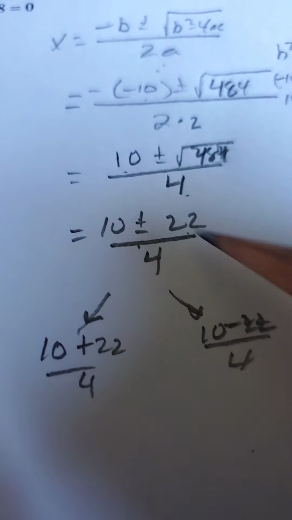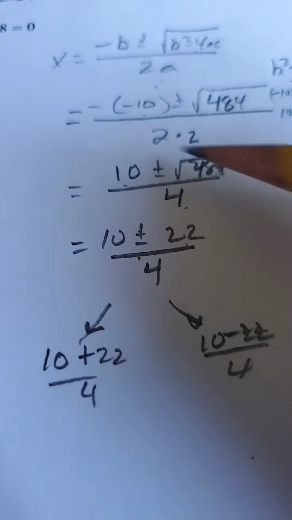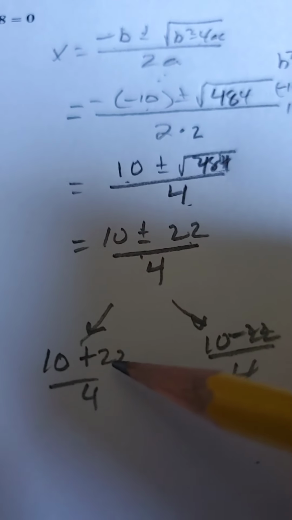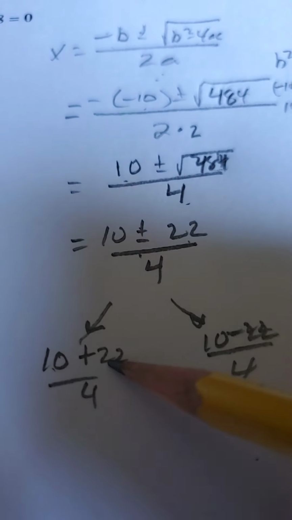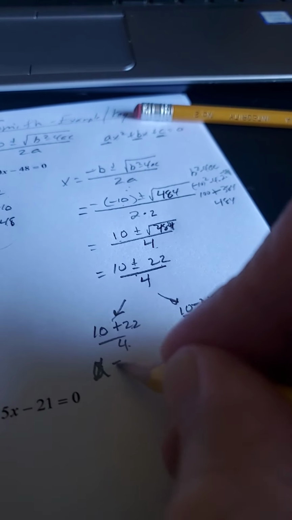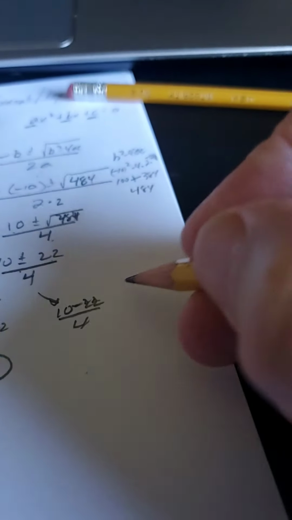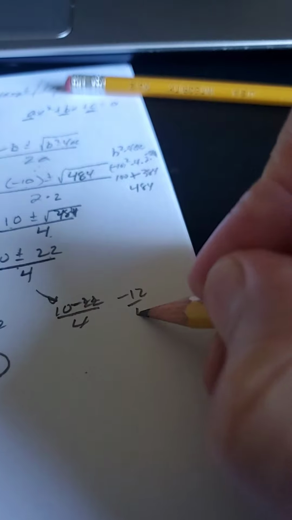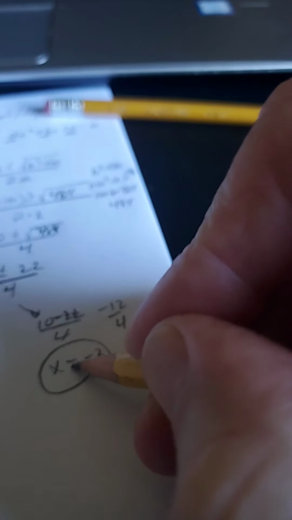Like I said, from here it's all calculator work, but make sure you push equals. This is going to be 10 plus 22, which is 32, divided by 4, which is exactly x equals 8. I take 10 minus 22, which is negative 12 over 4, which is exactly negative 3.